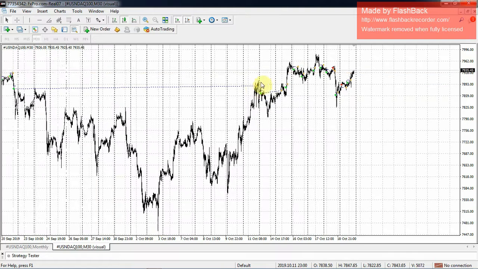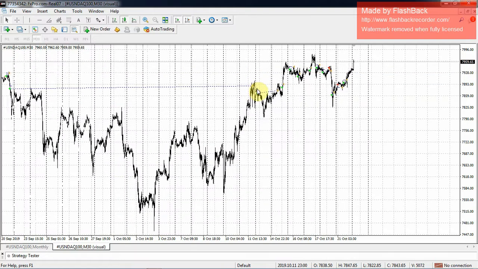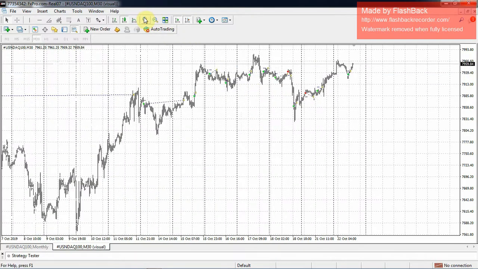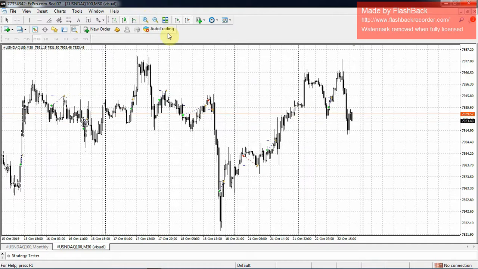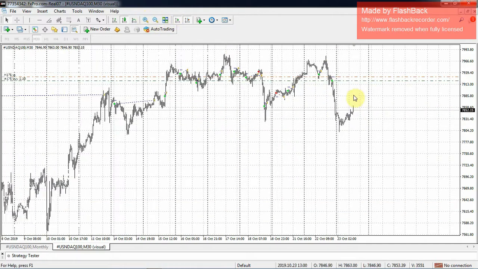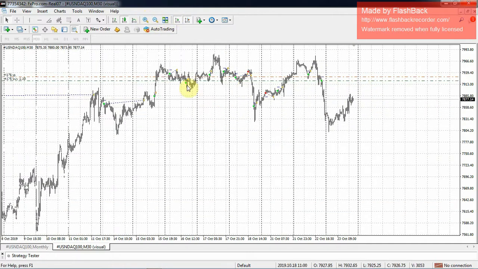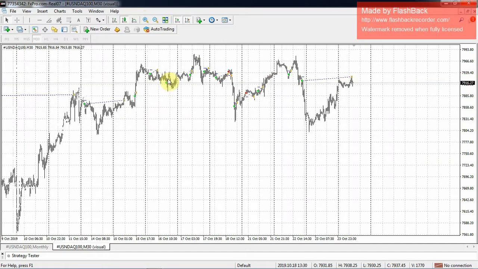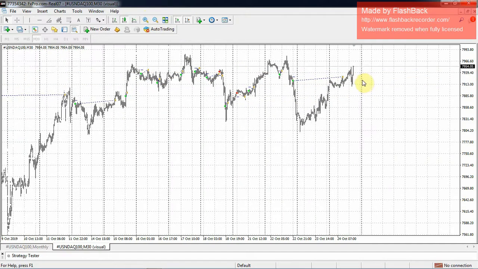That's the logic this robot is using, guys. We are reducing the lot size to reduce the risk, then increasing the stop loss, and then the key ingredient, buy and sell on strategic points.